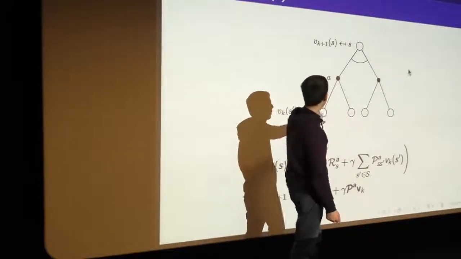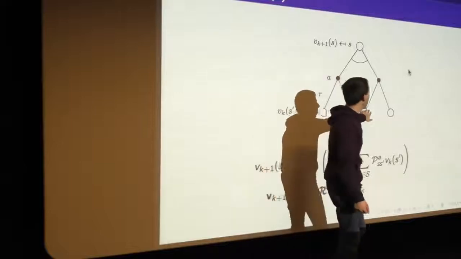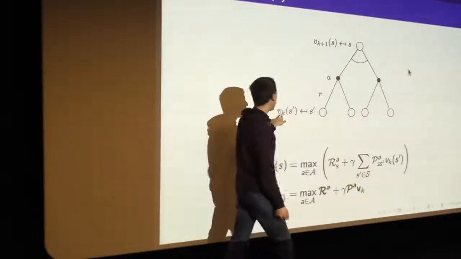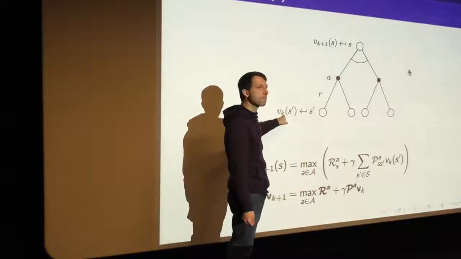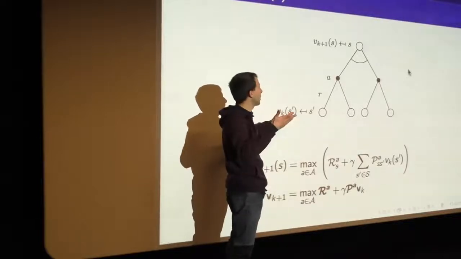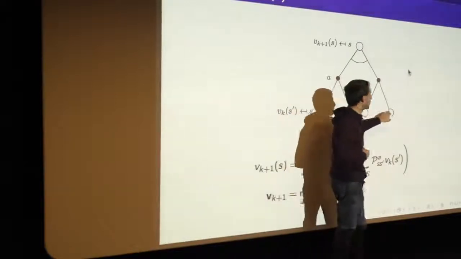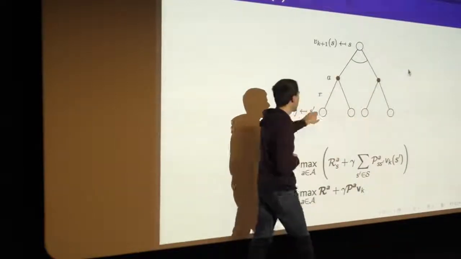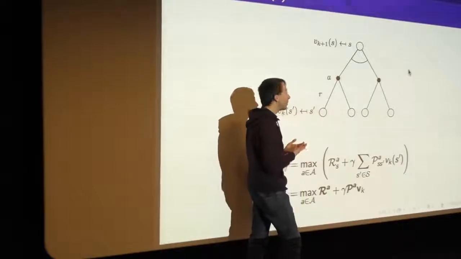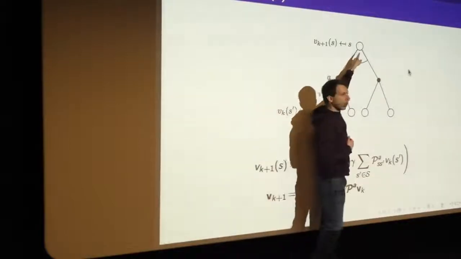We start off with our old value function v_k, at iteration k of the algorithm, and put it in at the leaves. This is whatever we thought the value was at the leaves before.